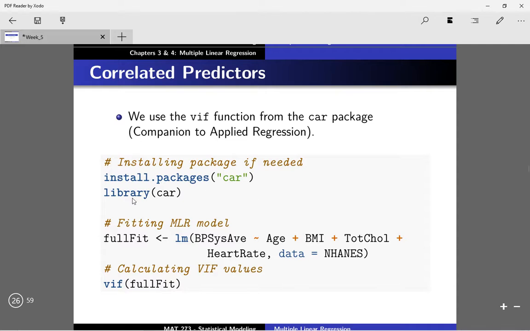And then we can load the R package using the library command here. After we load it, we'll have this vif function that we can use on our model fit object to get the variance inflation factors for each of our explanatory variables. So here we have 4, so we should be able to get 4 VIFs, one for each predictor.